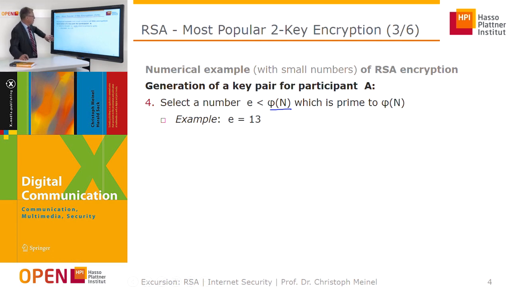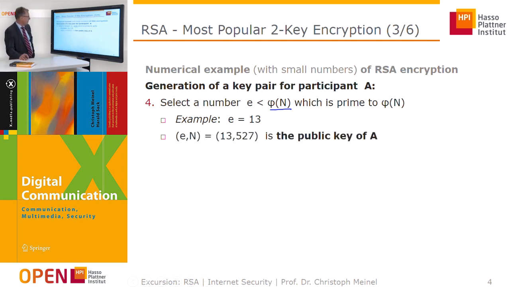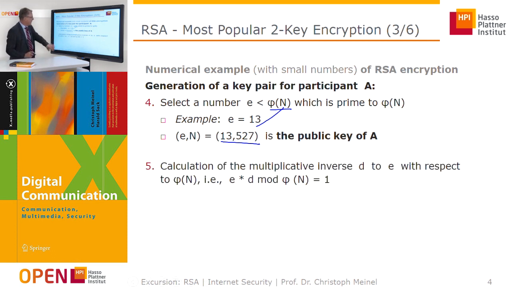In our case, we choose e equal to 13, and then we can take this number, 13, and 527 as the public key of A. This 527 was the n, you remember that.